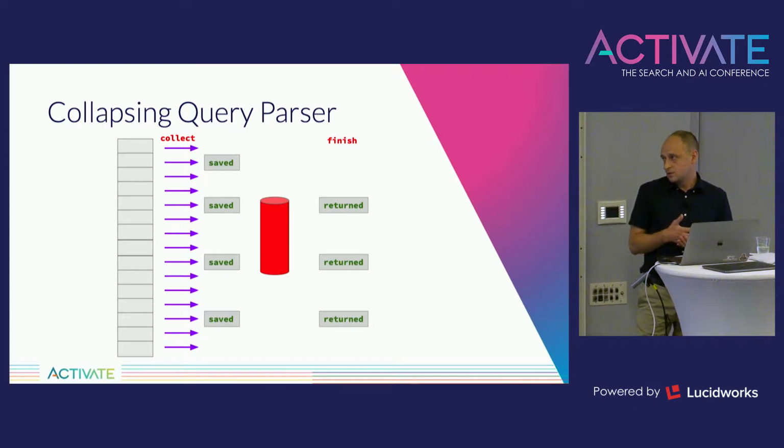If so, it's saved to the temporary data structure, and after collecting all of the segments with all of the documents, the finish method is executed, and the best offers are returned from our query filter.